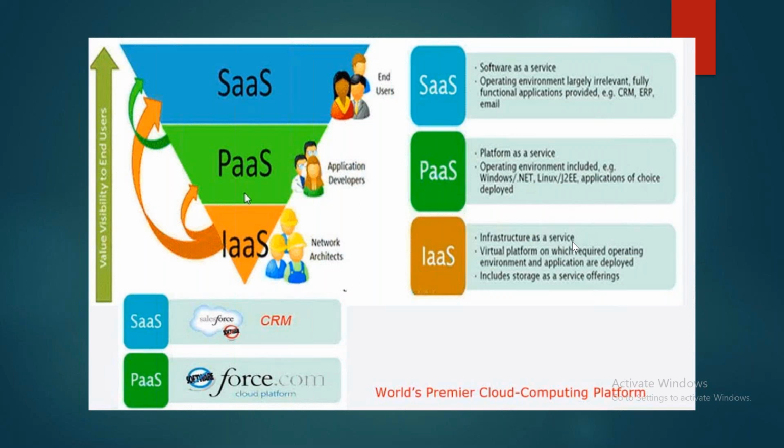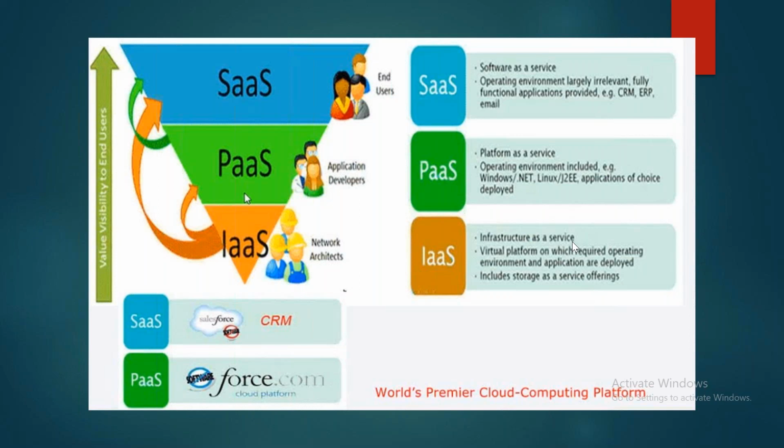Now the question comes, if there are three types of cloud computing, where exactly does Salesforce come into the picture? Salesforce comes into the picture in two places. One is the SaaS and another one is the PaaS area. In case of SaaS, they develop the CRM software, customer relationship management software, which they call Sales Cloud as well as the Service Cloud.